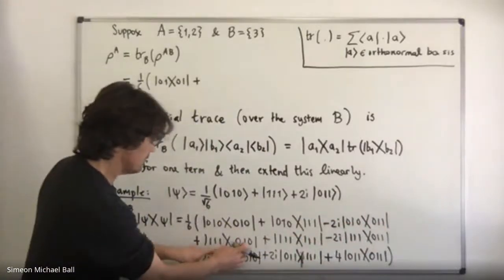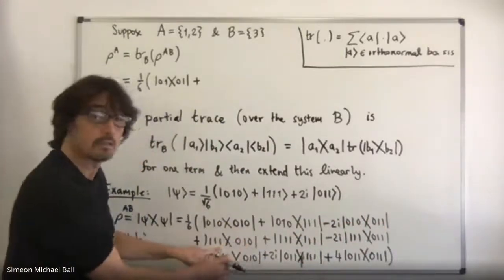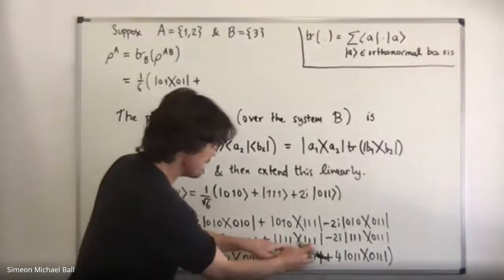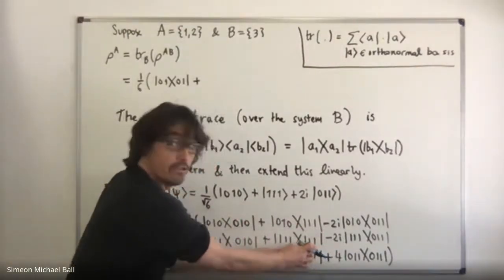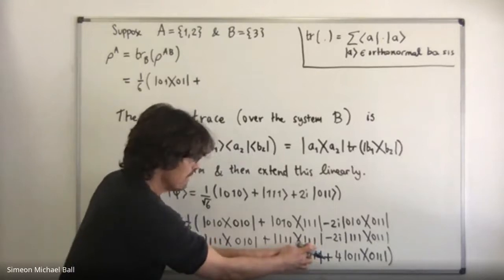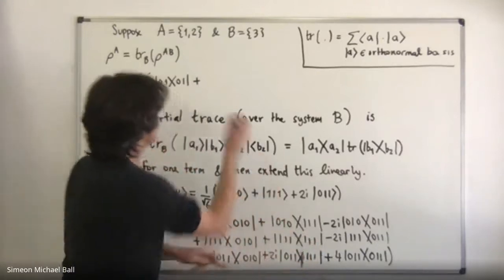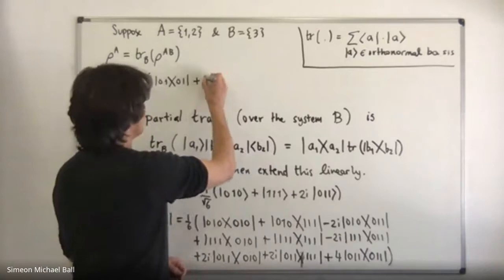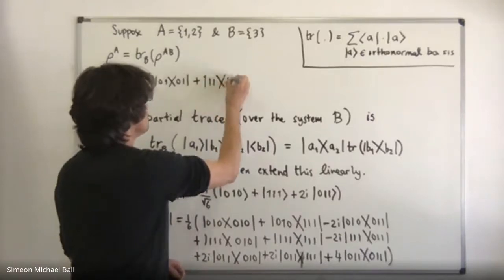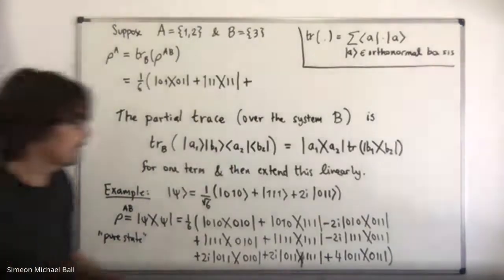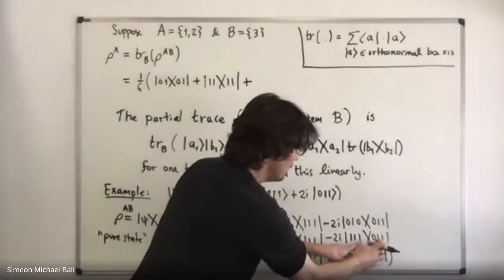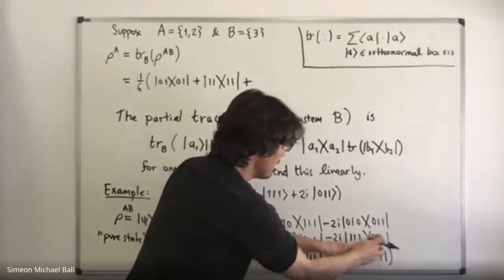Here as well, it's going to be 0, for the same reason. But here, when I do the 1, 1 from this side, 1 from this side, just looking at the 3rd qubit, they're both 1. So I'm left with a 1, 1, 1, 1. And also here we have 1, 1. So that's going to survive.